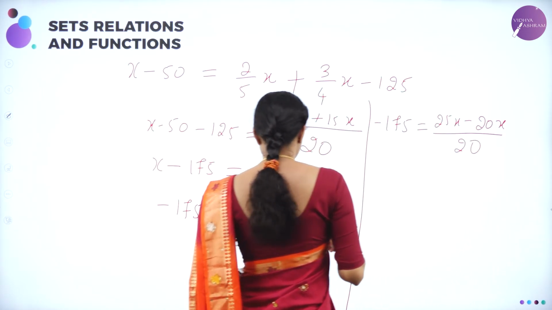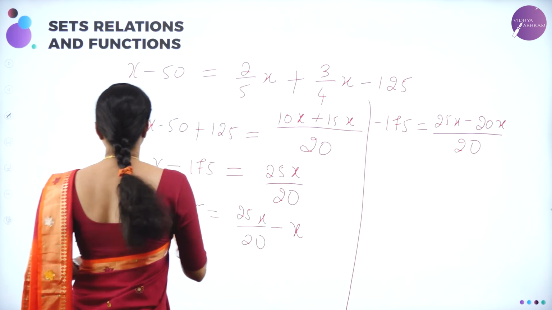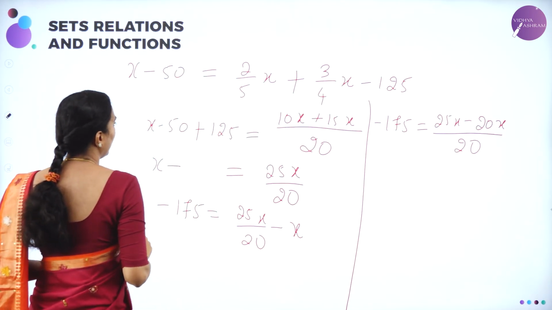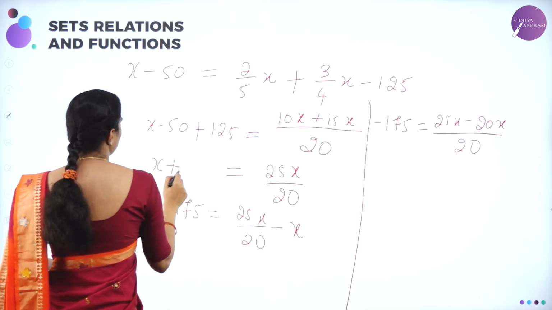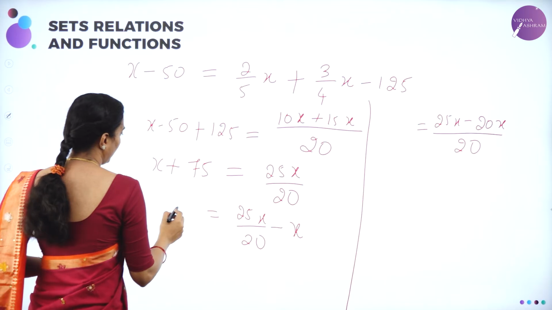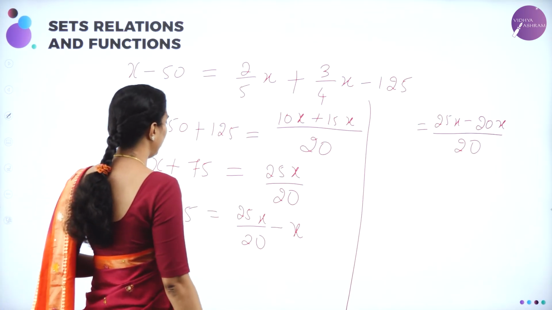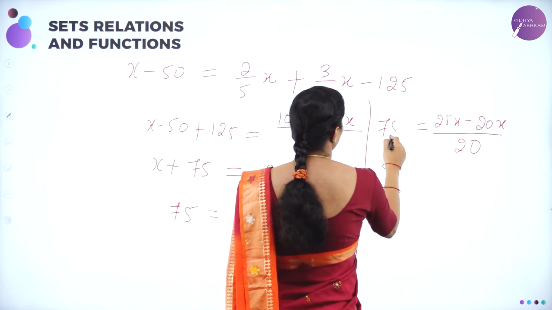You are going to get the answer as plus 125 here. See, when minus 25 comes to this side, it will be plus 25. Minus 50 plus 25 will be equal to plus 75. Correct? So you are going to get 75 is equal to 25x by 20 minus x, here 75.